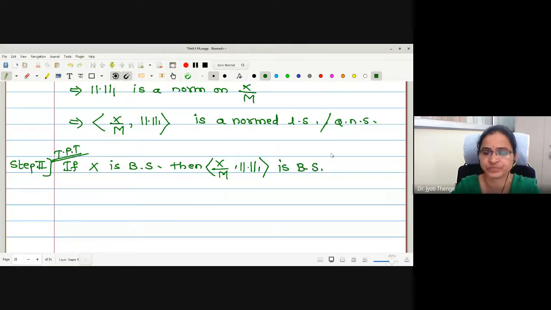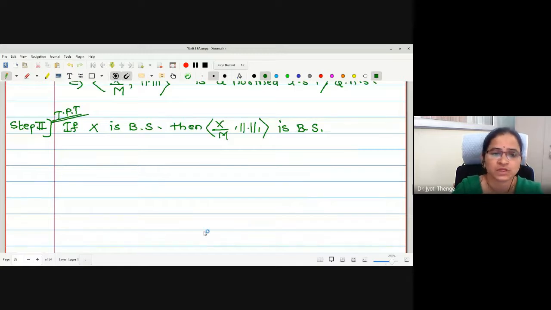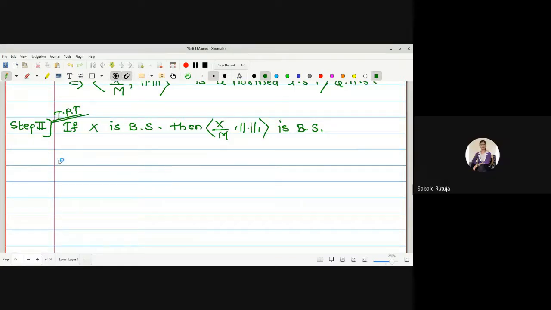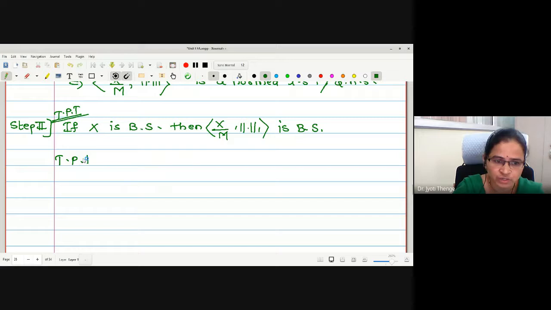Right now? Quotient norm space we have verified already. Normed linear space we have verified. What remains to prove then? Completeness only, no? Yes, ma'am. Therefore, I will write that is to prove that X by M is complete.